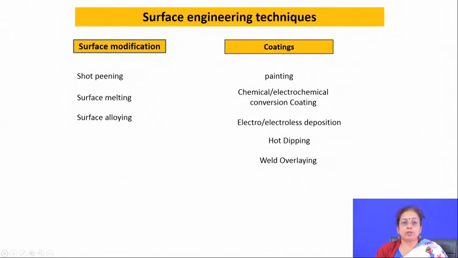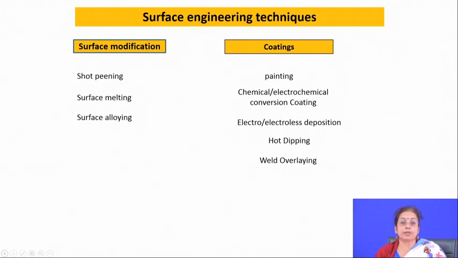So, the different surface modification techniques that may be applied for mitigation of corrosion are of three types. One is shot peening, second one is surface melting, third one is surface alloying. So, shot peening can be applied for introduction of stress in the component.